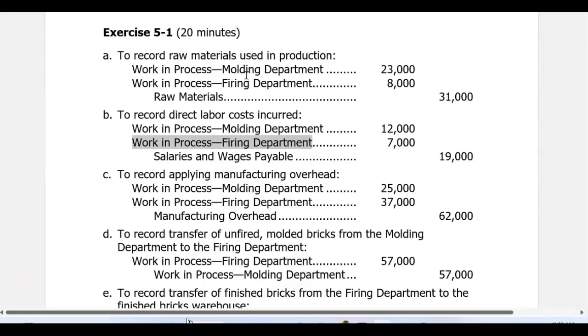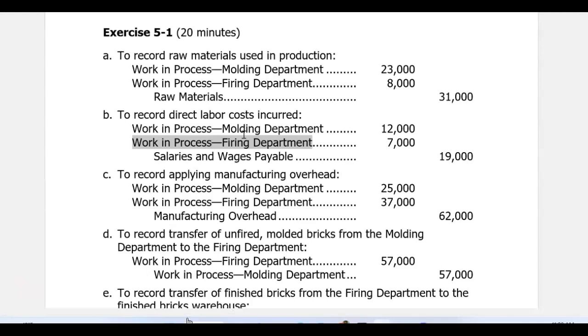So far we have the raw materials and labor, but now you need to apply the manufacturing overhead. Normally you apply manufacturing overhead based on the predetermined rate that you have already calculated and we learned in previous chapters. So here we go.